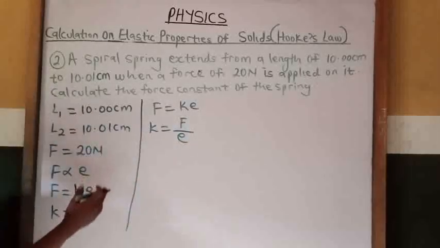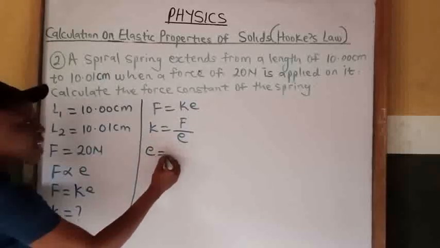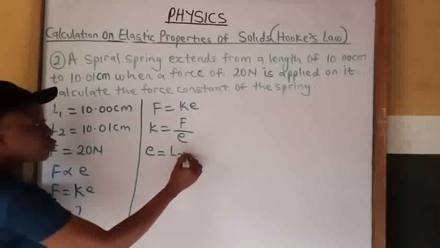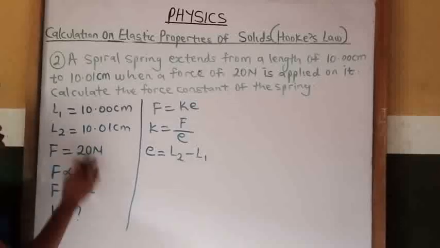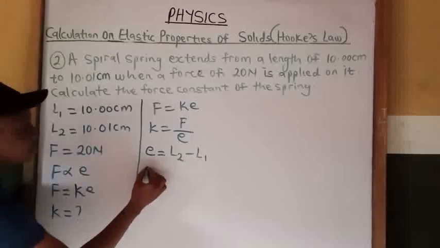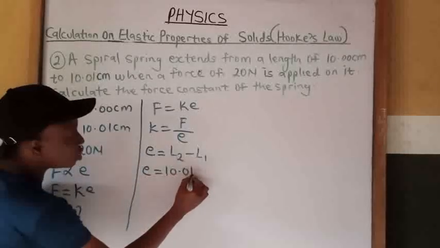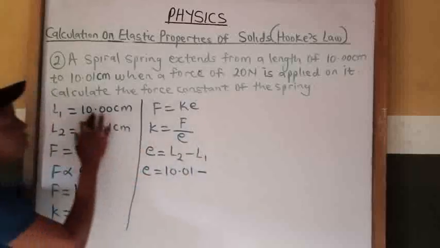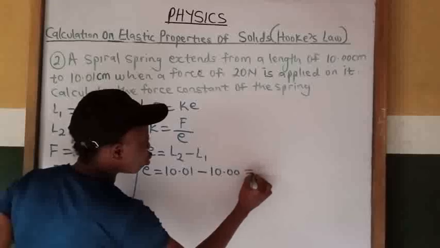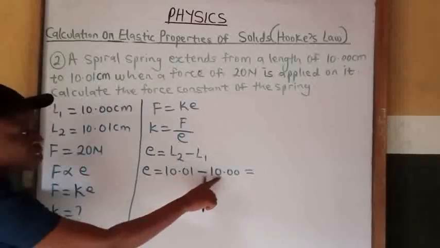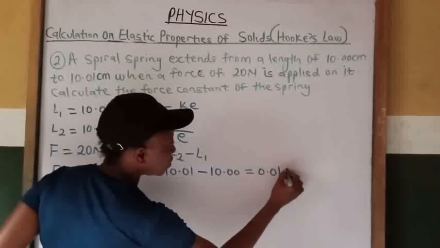From our parameters, there is nothing like extension E, but extension E is the same thing as change in length, that is L2 minus L1, the final length minus the original length. So 10.01 centimeter minus 10.00 centimeter will give us 0.01 centimeter.